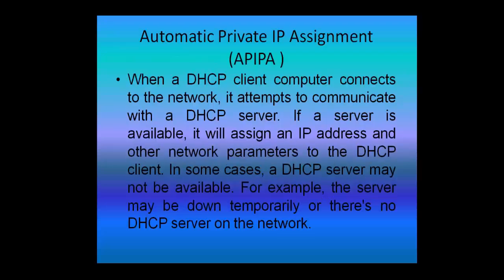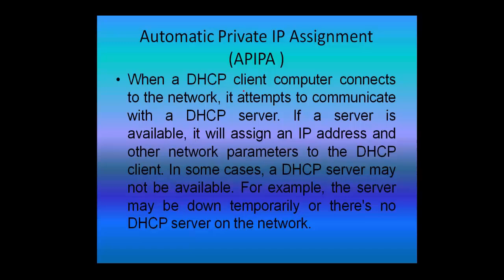And the last thing that I want to discuss is APIPA, Automatic Private IP Assignment. Suppose you have configured the IP via DHCP and your client machine is not able to reach the DHCP server, or your DHCP server is down, then automatically one IP gets assigned to that machine.